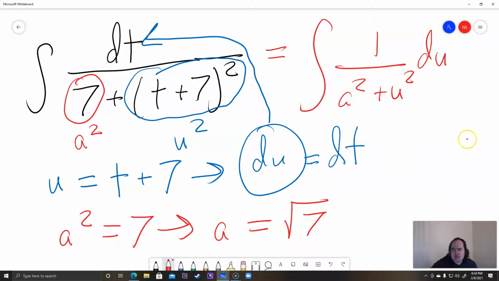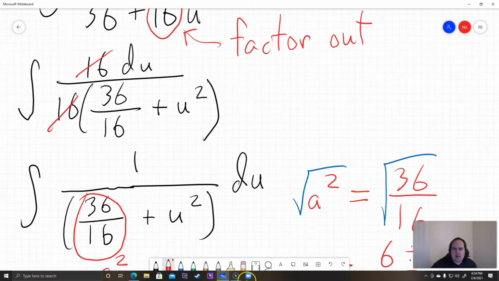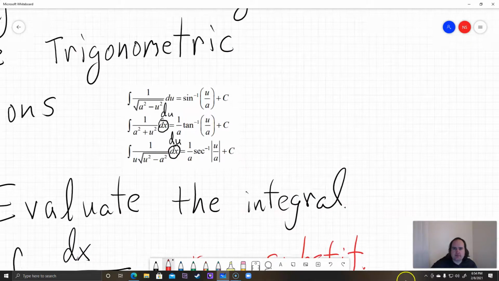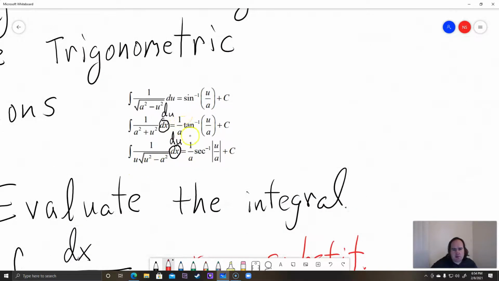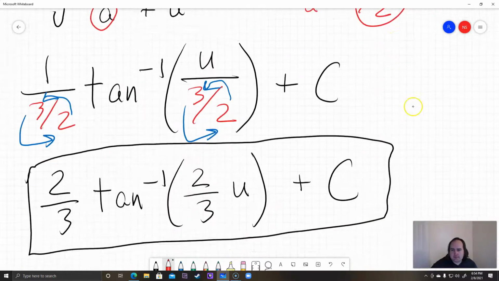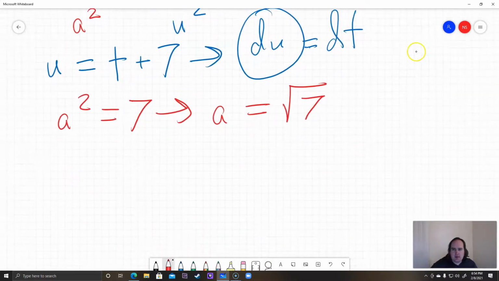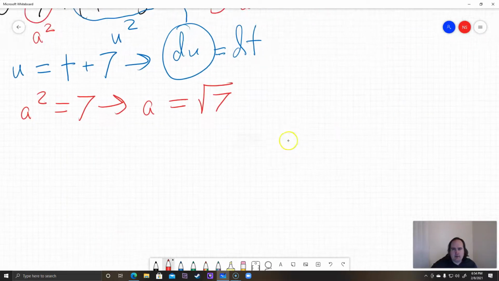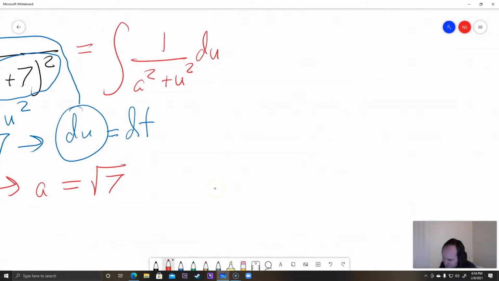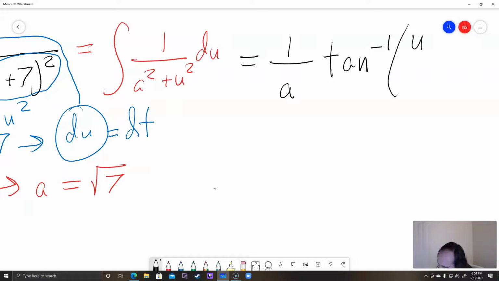Okay, but this integral is still going to give us tan inverse. So going back up here to the formula, this is going to give us 1 over a tan inverse of u over a plus c. So let me zoom out a little bit. So this is going to give us 1 over a tan inverse of u over a plus c.